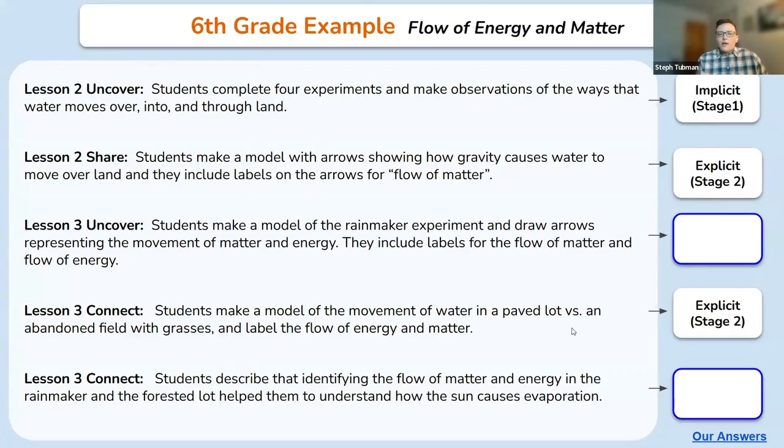So each grade level will have 2 boxes to fill in. Read the student performance, go back to the slide 2 slides before, and figure out which stage of the framework you think students would be at. And then if you guys get done and you want to check your work, I won't click on it right now, but there is a link to an answer key with what Tony and I think the answers are.